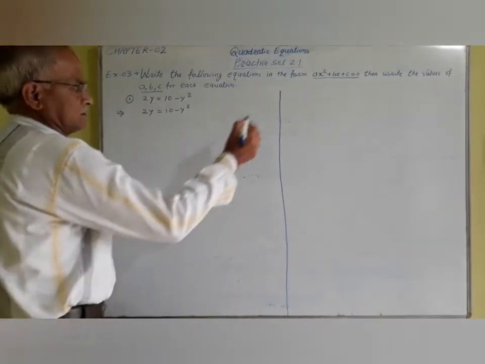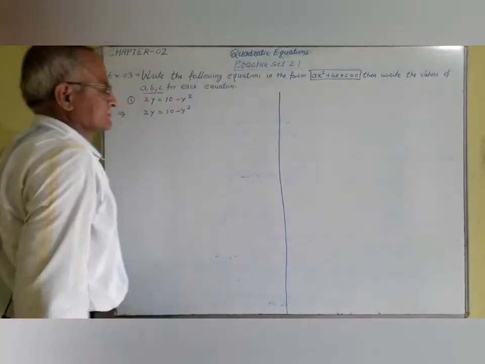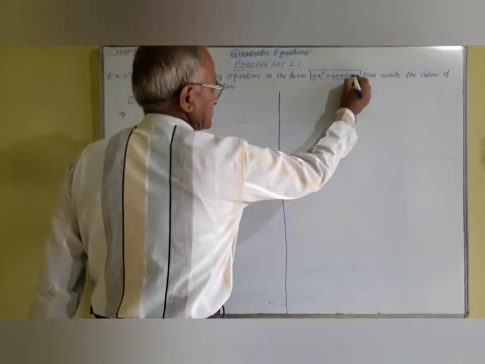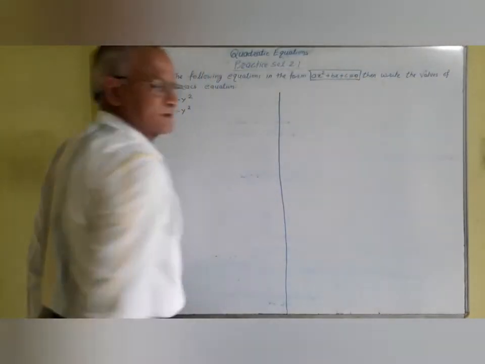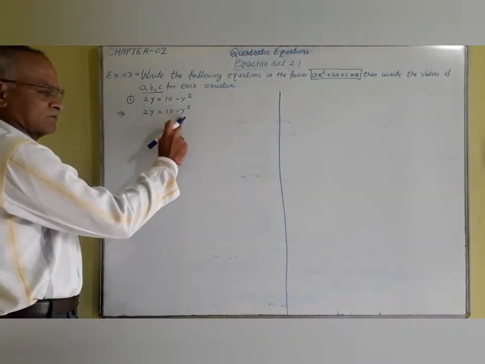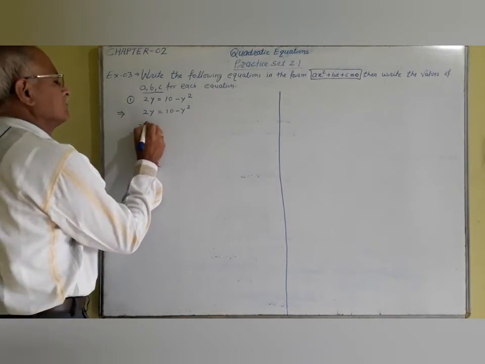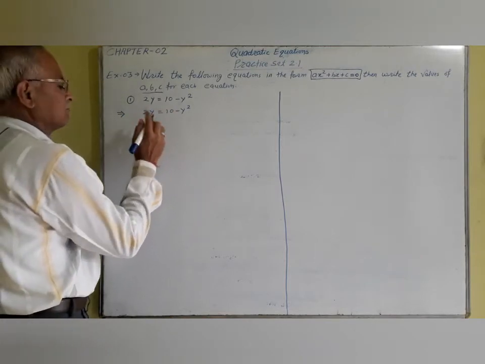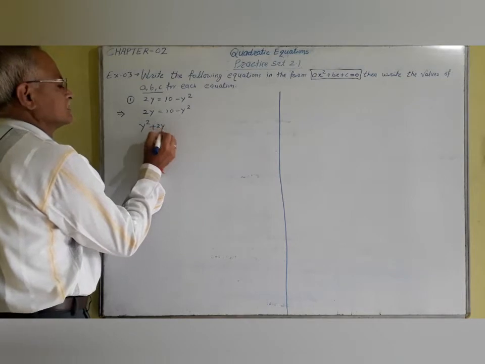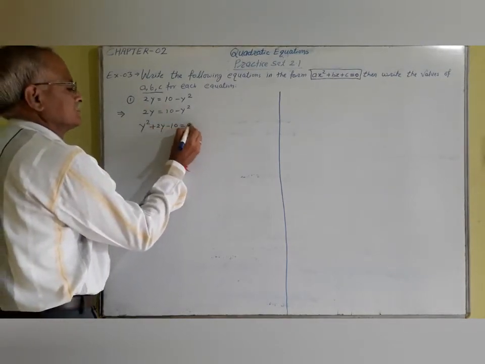You know that this is the general form of a quadratic equation, and therefore when it equals 0, it means that the right hand side is equal to 0. Therefore this minus y square and 10 taken to the left side, it becomes y square plus 2y. This 10 taken to the left side becomes minus 10 is equal to 0.